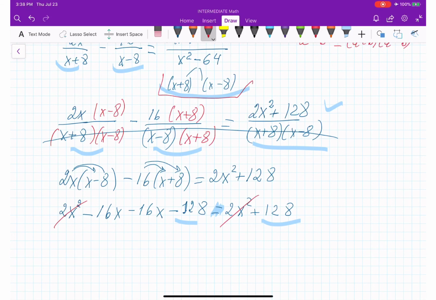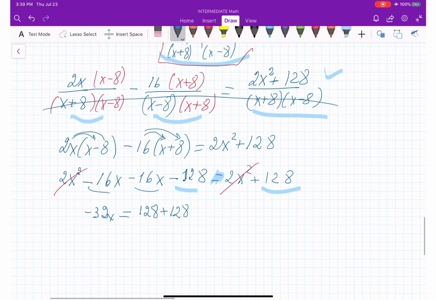All right, so we get negative 16x, negative 32x is equal to 128 plus 128. See, we will end up adding them. So negative 32x is equal to 256.